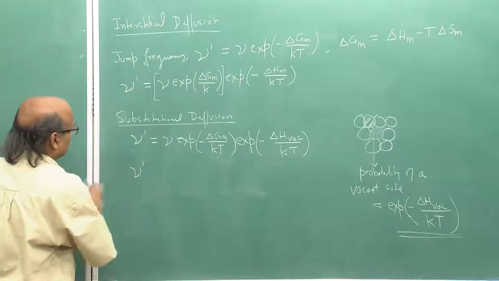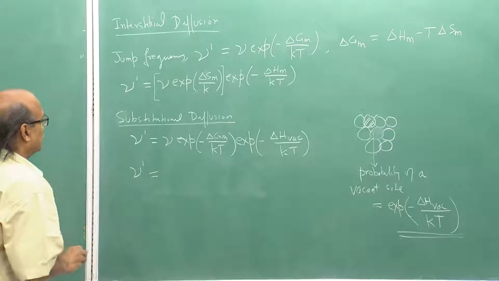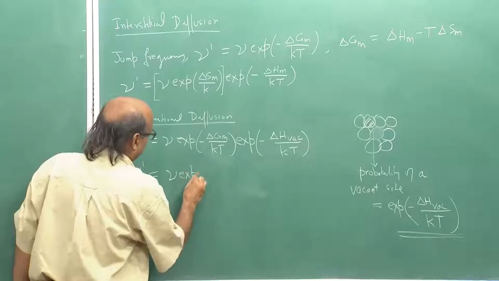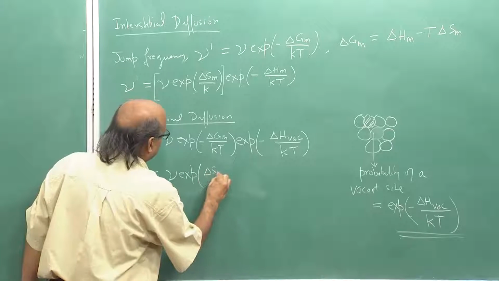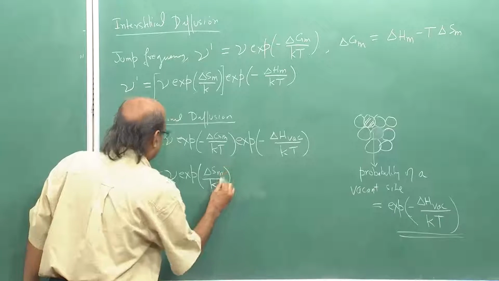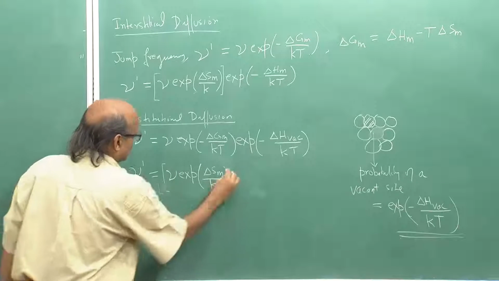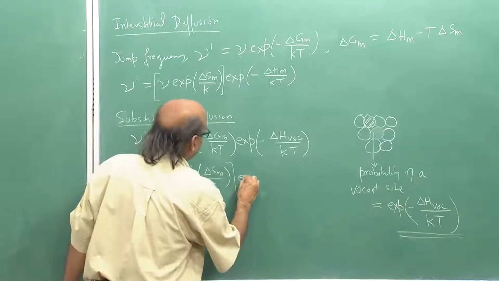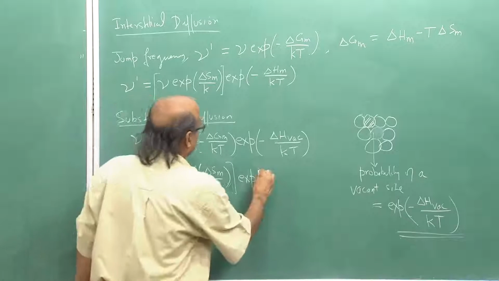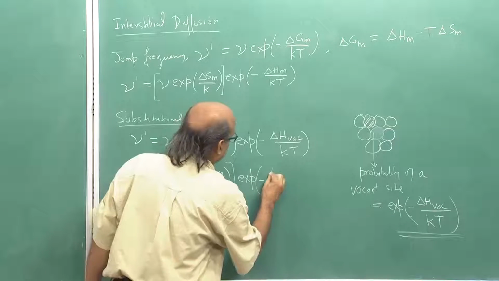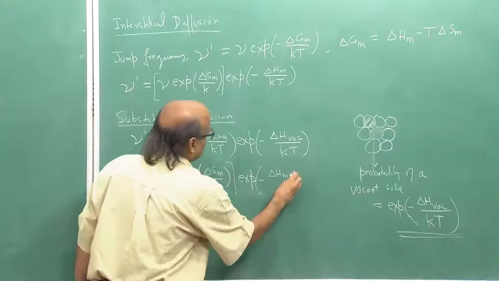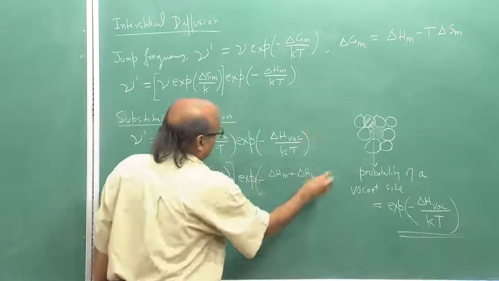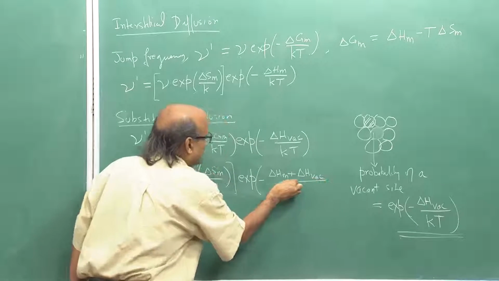For substitutional diffusion, the jump frequency would become nu exponential delta Sm upon k, the temperature independent terms, as in the case of interstitial diffusion, times exponential minus delta Hm, and there will be an additional enthalpy term, the enthalpy for creation of a vacancy.